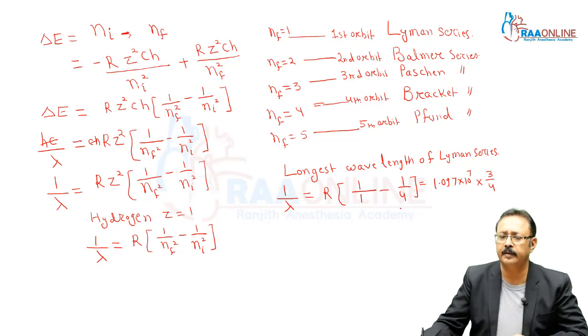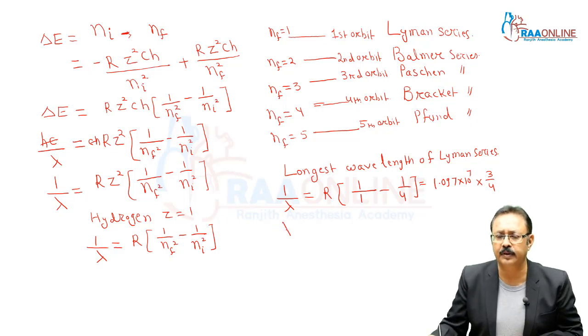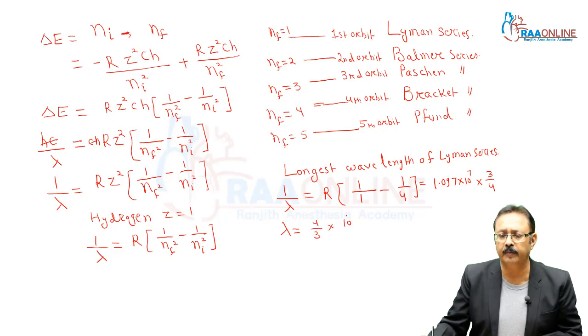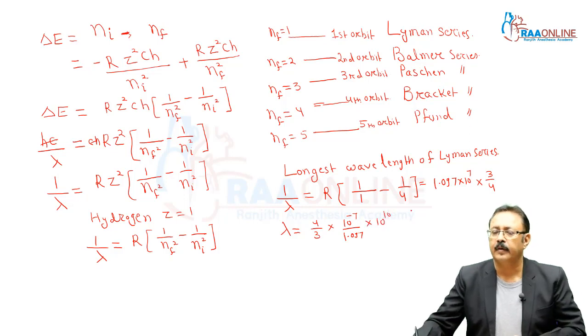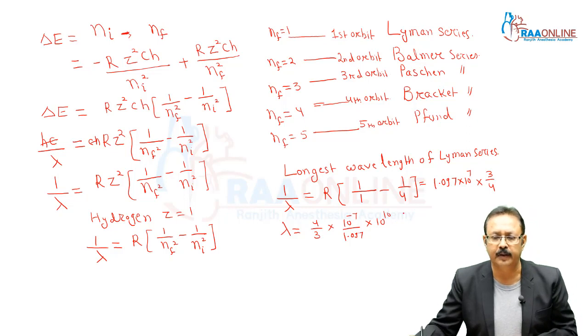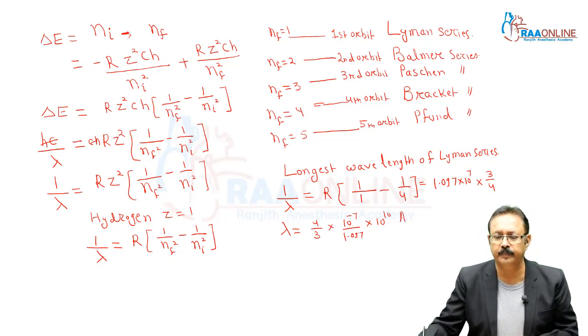So lambda is equal to 4 by 3 into 10 to the power minus 7 upon 1.097 meter. If you want to calculate in angstrom, multiply by 10 to the power 10, and you will get this number in angstrom.